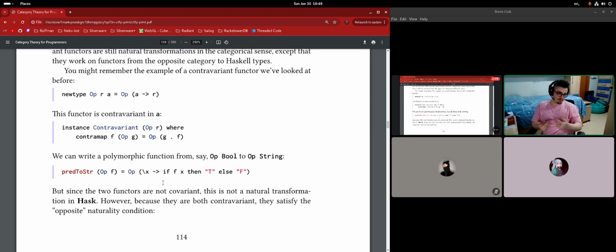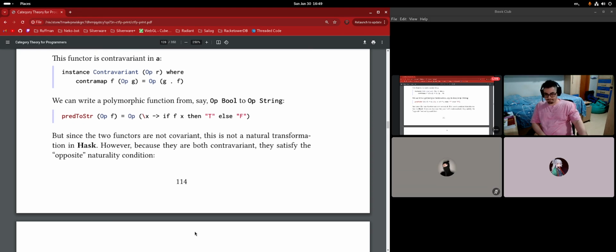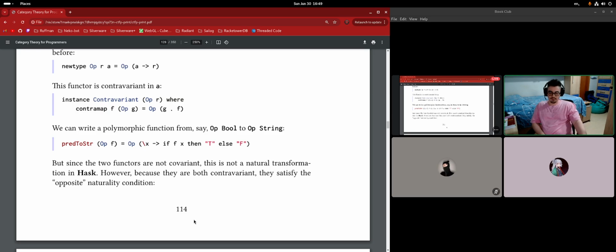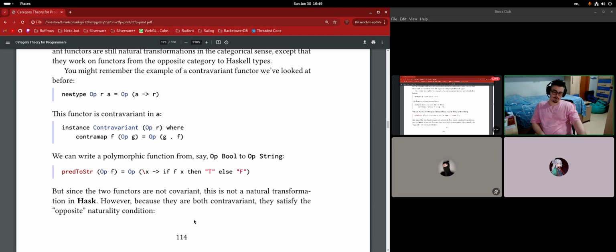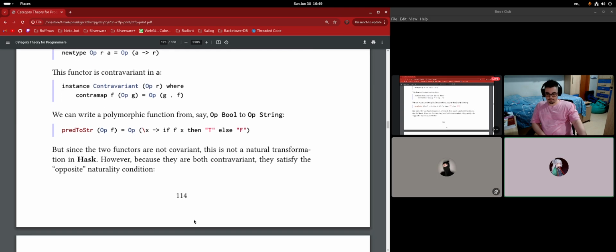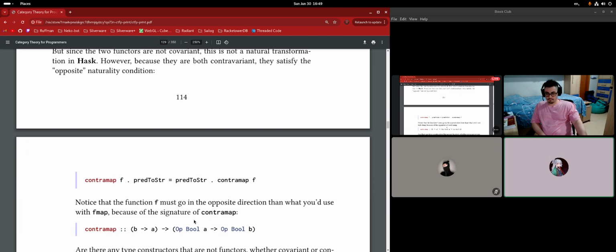Not the entire chapter, but the Haskell category thing. And the way that I understood is that it's set plus non-termination and bottoms. But you're right, bottoms is the name that we also use for non-termination. So it's not a natural transformation in Haskell, but it's a natural transformation in the opposite category, right? Yeah.